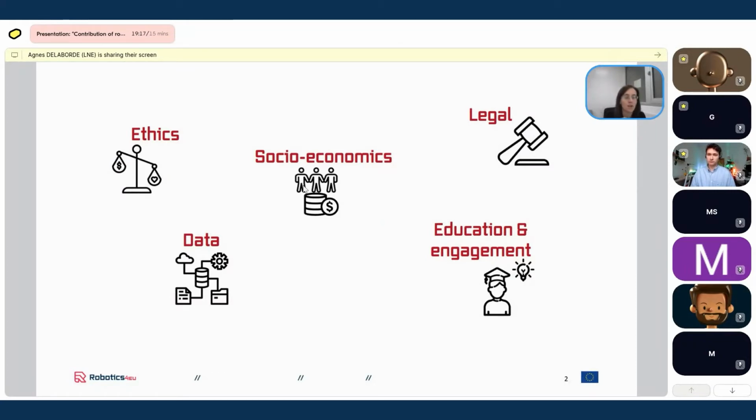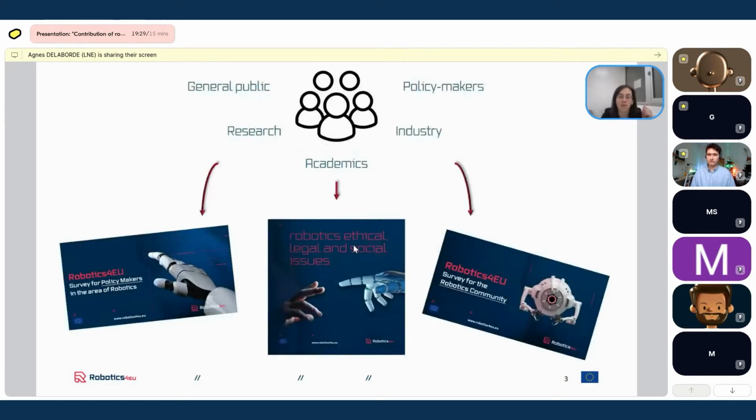So, for example, we consider that if ethics issues are solved, it could contribute to a good level of maturity of a robot. As you understood as well from the first presentation by Annelies, we base our work on massive consultation. So from the general public, the citizens, research, academia, industry, stakeholders, and also policymakers. So we host a lot of public events to gather information.